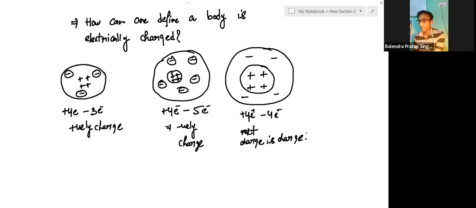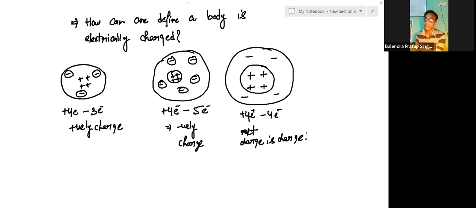From one body to another the exchange of electrons may be possible, but no exchange of protons is possible, because protons exist inside the nucleus, where the forces are different from these electrostatic forces. There exist strong forces which are much stronger than electrostatic forces. Yes, electrostatic forces are stronger than gravitational forces, but inside the nucleus a different kind of force exists, which we call strong forces. That's why we never talk about the transfer of protons, we always talk about the transfer of electrons.